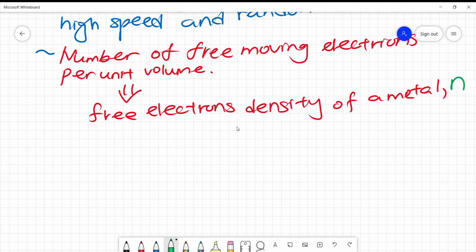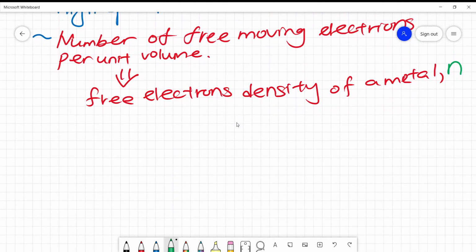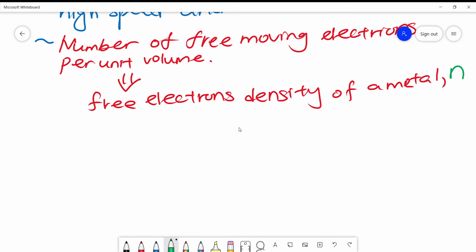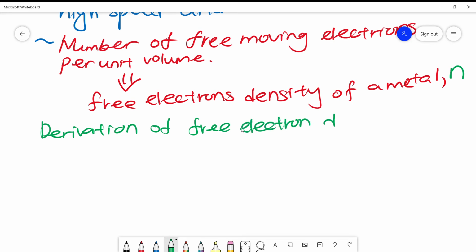So we're going to discuss the derivation of the free electron density. The basic formula comes from the formula of density.